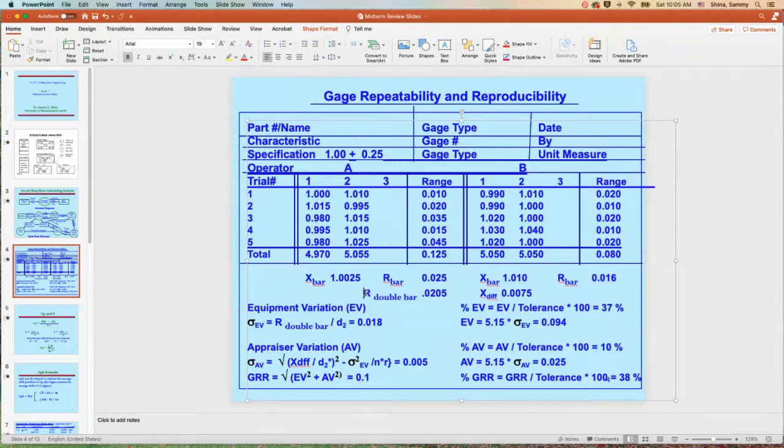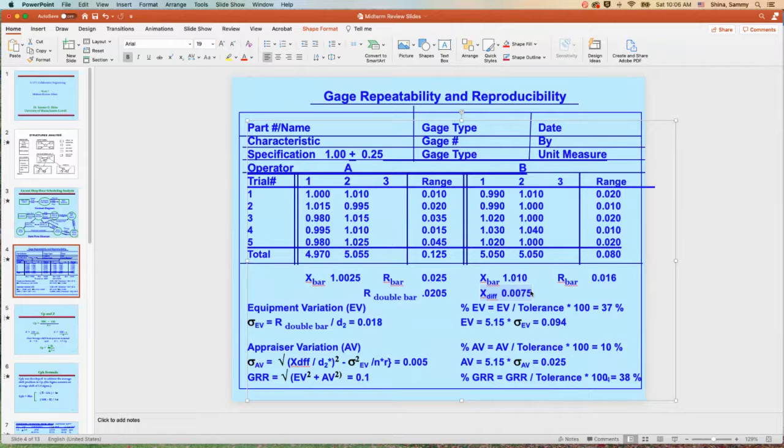And then we have a summary for both operators. We have an R double bar and an X diff. R double bar is the average of R bar of operator 1 and R bar of operator 2. R double bar, that is it, the average of the 2 R bars, and the X diff is the difference of the averages of the 2 operators.